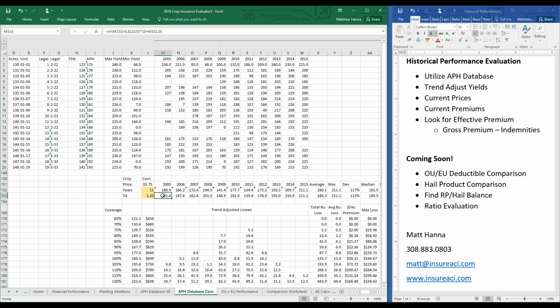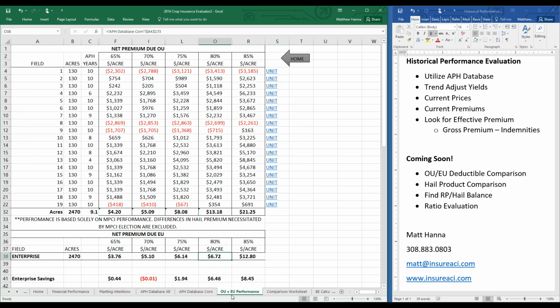Well, we want our yield history to be as representative as possible to today's yield capacity. So what we've got here is trend adjusted yields. We've got a full APH database. And then we're going to stress test it using current prices, using current premiums, and we're going to see how this thing nets out, see what product is the best fit.